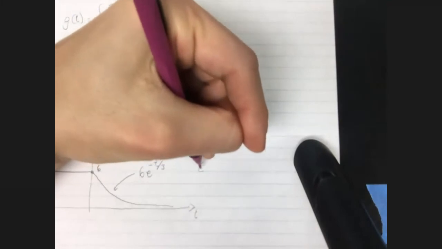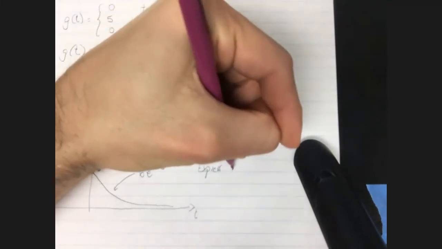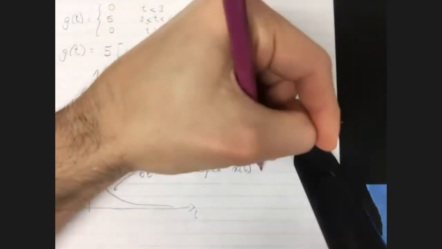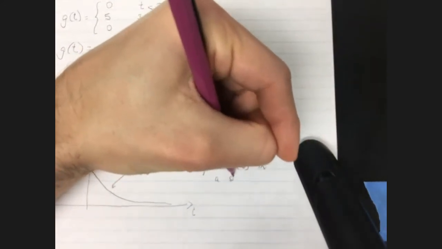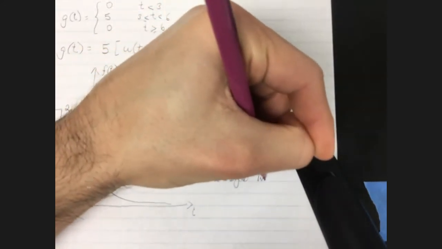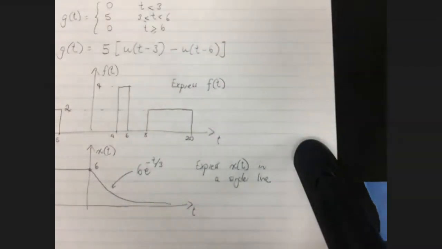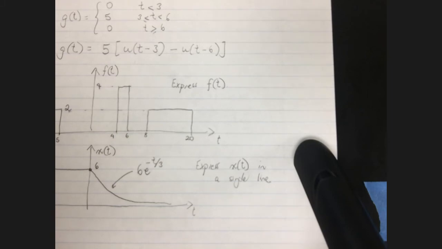So express f of t and x of t, both in a single line. We've got about 5 or 6 minutes. Start that on your own, and then I'll put you into a couple of breakout rooms so you can check in with some friends.